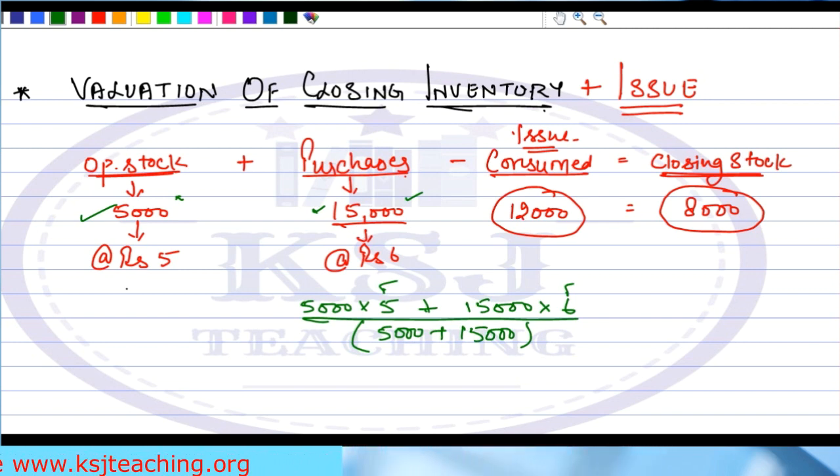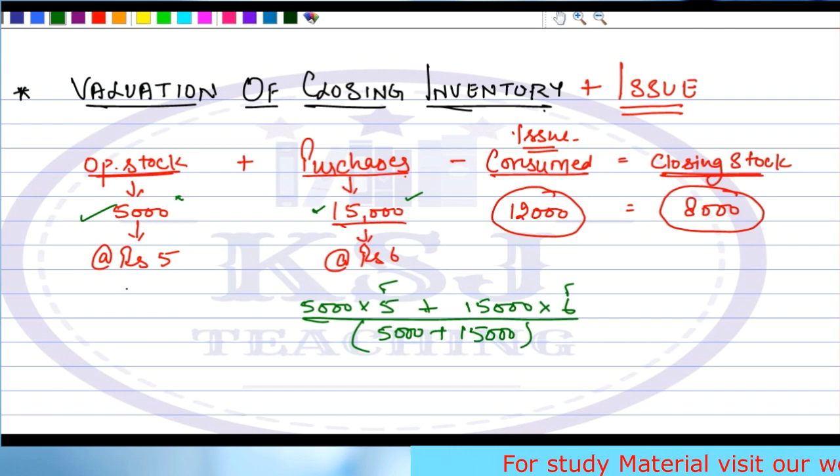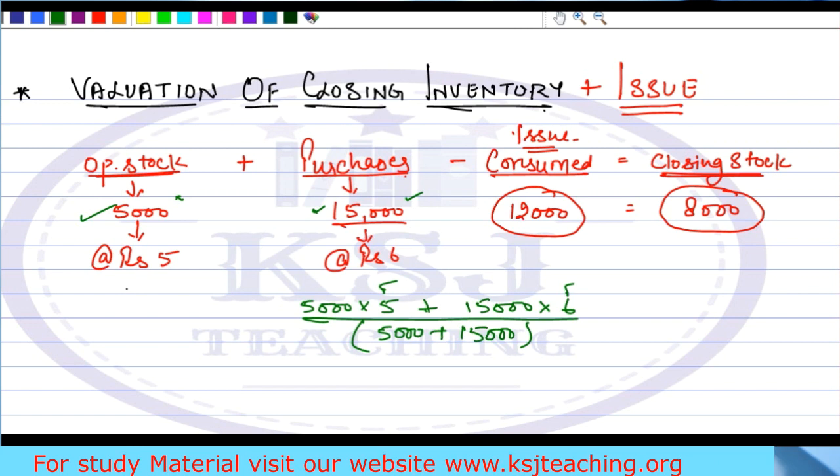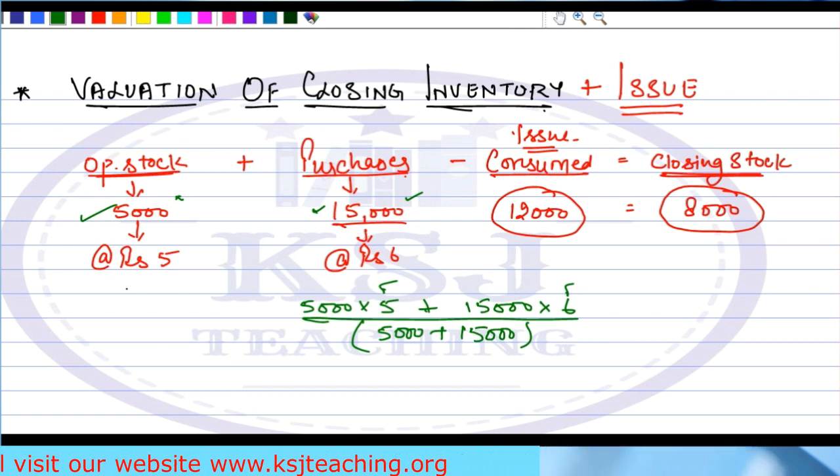Not simple average. Simple average method is also there, but it won't be asked. So what you have to do is weighted average. Units multiplied by price gives you the weight of one item, then units multiplied by price gives another weight, and the average of those is your weighted average.